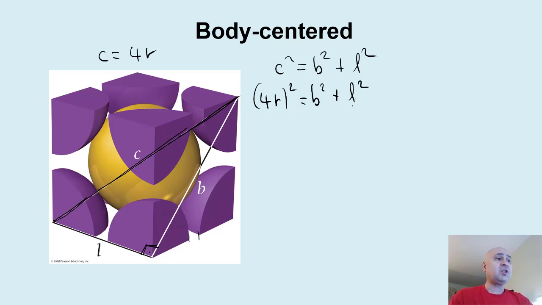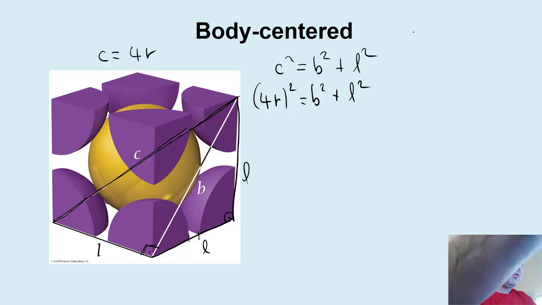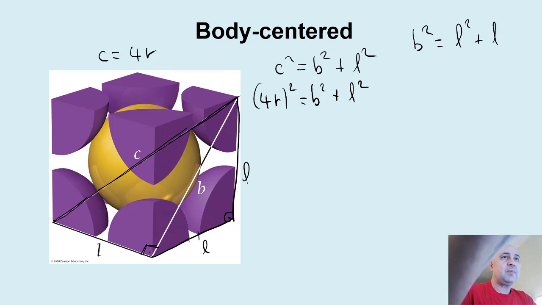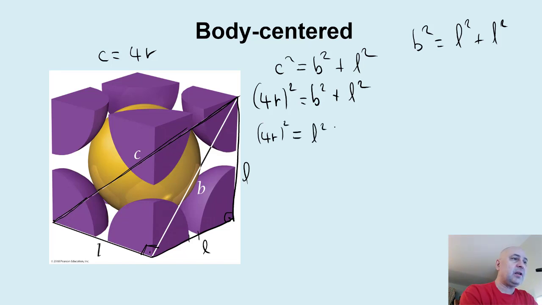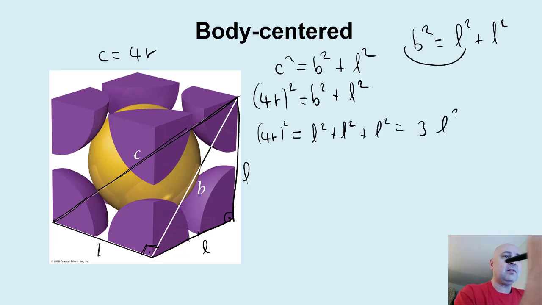Now we need to find a relationship between L and B, and that one is very easy here, because we have another triangle here with a 90 degree angle. So this is L and this is L. So we also know that B squared equals L squared plus L squared, and if we substitute that, we get (4r) squared equals L squared plus L squared plus L squared, which is equal to 3L squared.